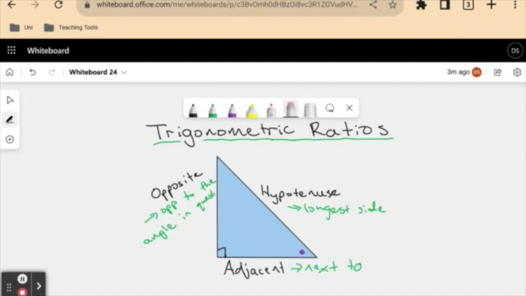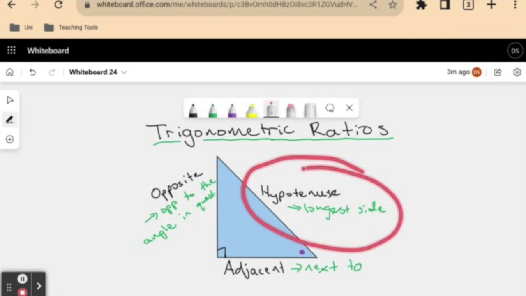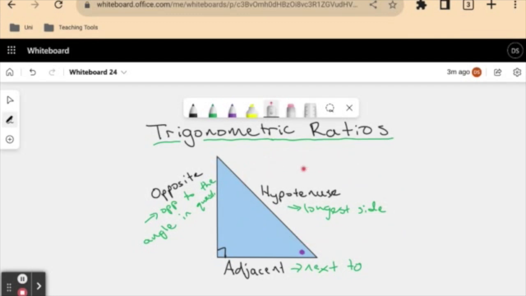And in the last video, I spent quite a bit of time rigorously defining the different sides of our right angled triangle. And we looked at this idea of the hypotenuse, the longest side, being relatively constant because it is always the side that opposes the right angle of my triangle.